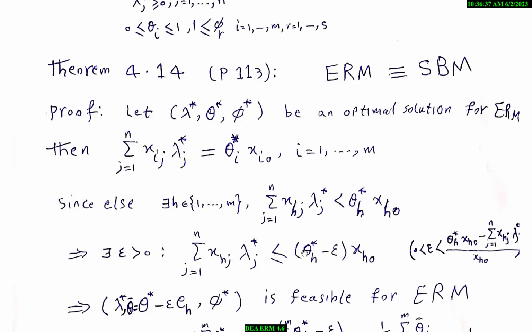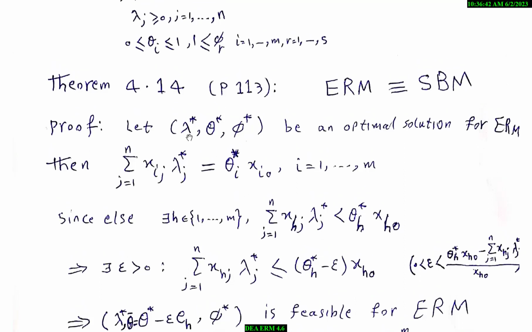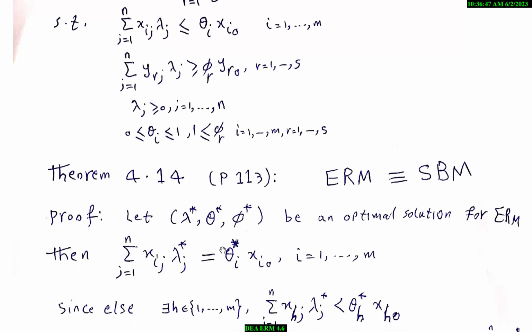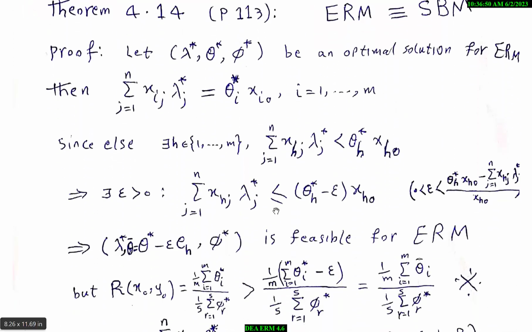If we change the solution as this, and since the other constraints are the same for this solution, we indeed have a feasible solution like this: lambda the same, but only theta h star is changed to theta h star minus epsilon, and the others are the same.